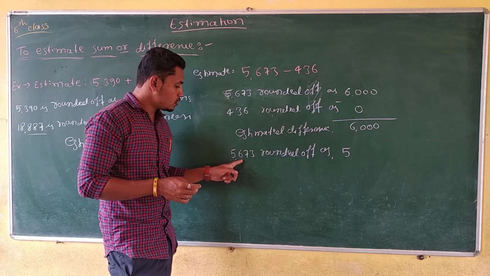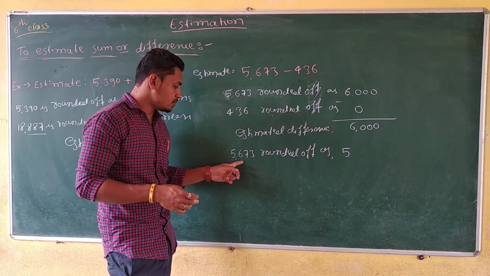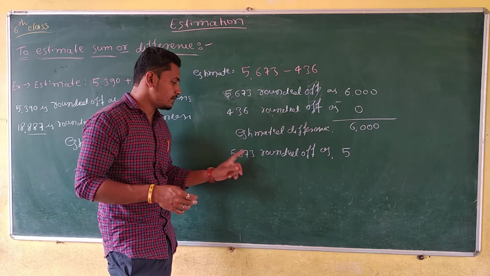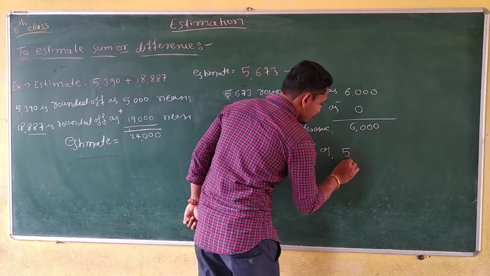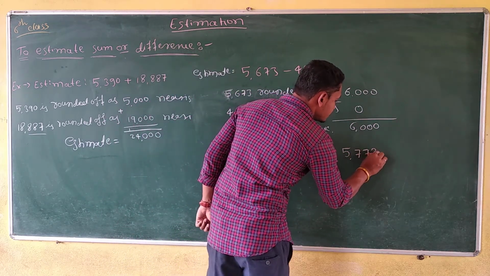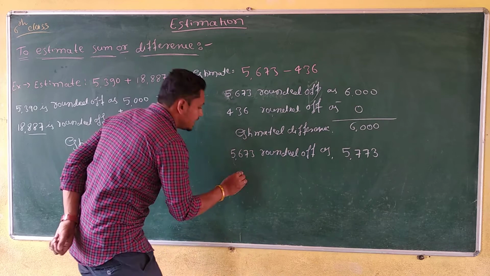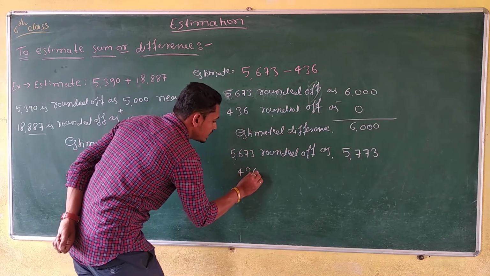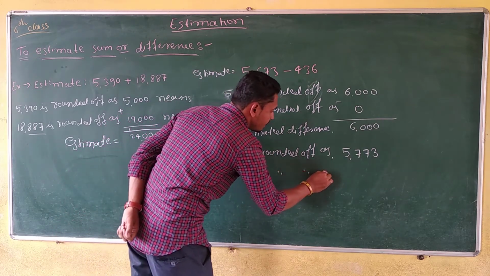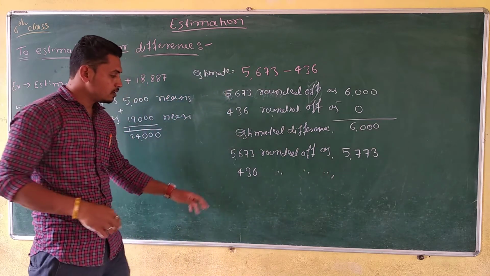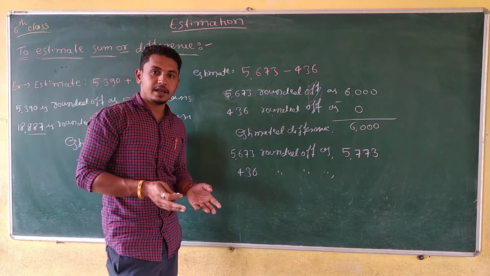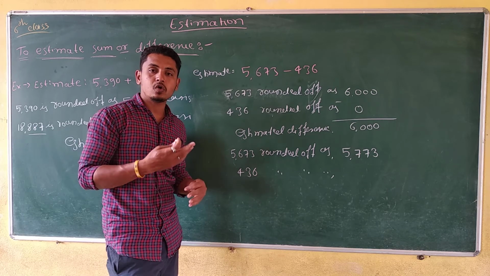So the next number of this number is 5773. Right here, 5773. Next, write 436 rounded up as: 36 is nearest to 0 than to 100.